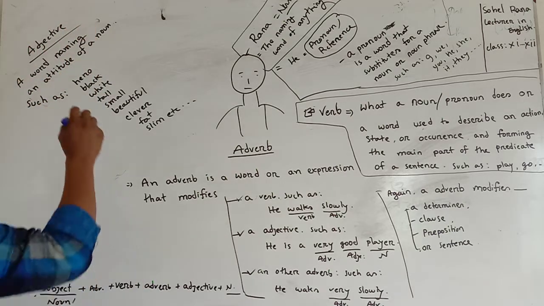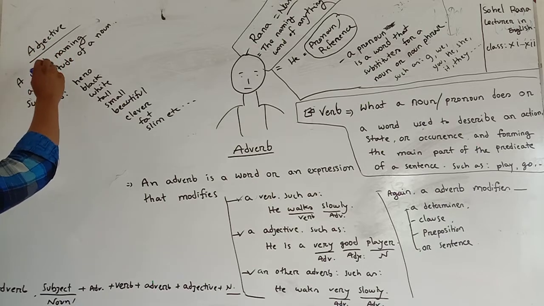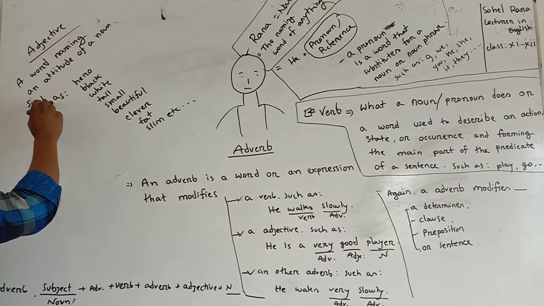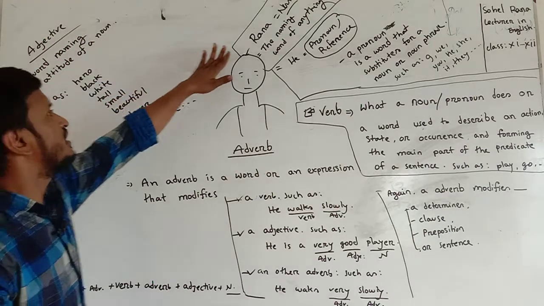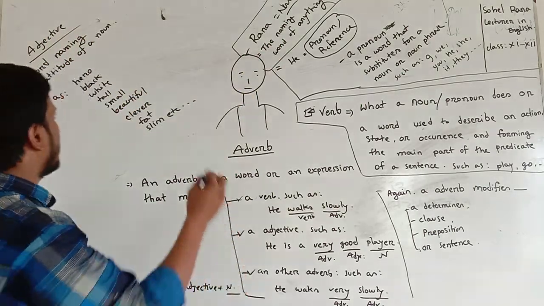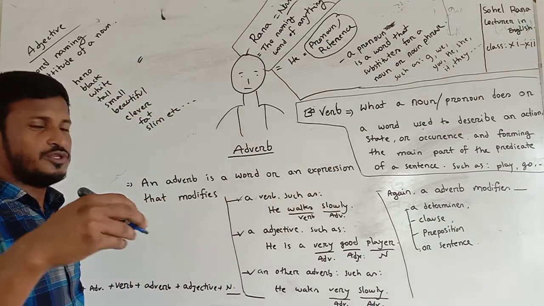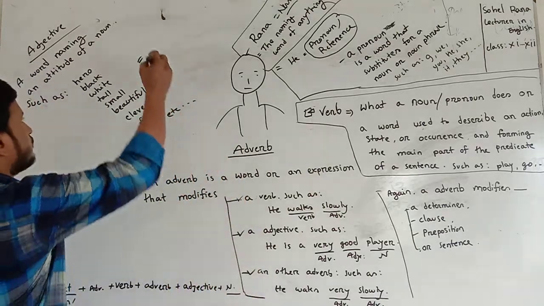A word that names an attribute of a noun, such as hero, black, white, tall, small, beautiful, clever, fat, slim, and all are about noun or pronoun.